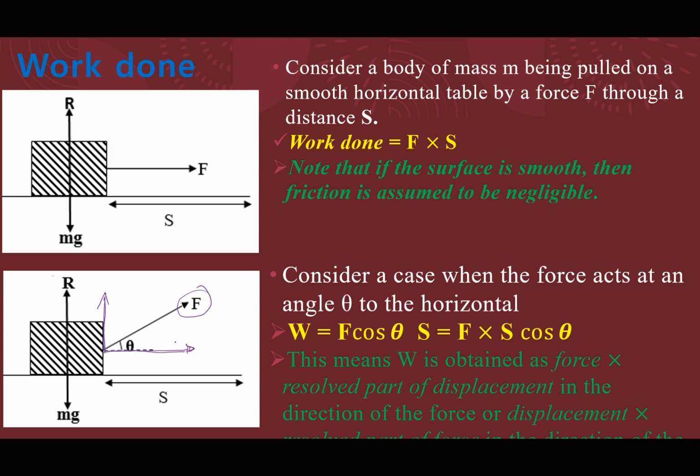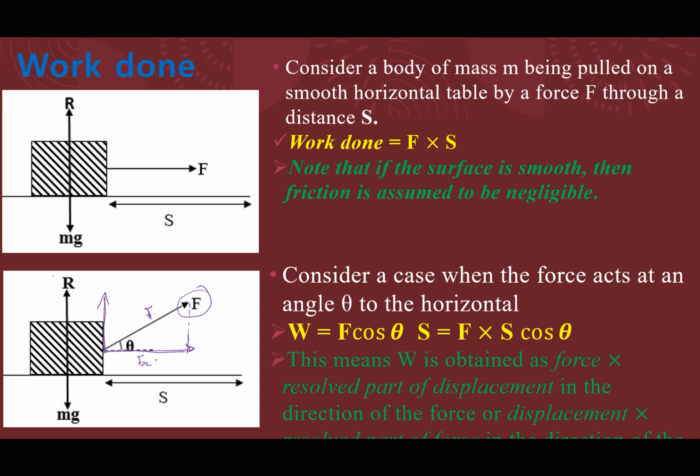From your concepts of scalars and vectors, where you looked at resolving, I told you that if the angle is between the vector and the direction you want to resolve to, that is always cos. If you're not sure, you can still draw a right angle triangle here. You want F in the x direction, which is the adjacent, but you have F as the hypotenuse.